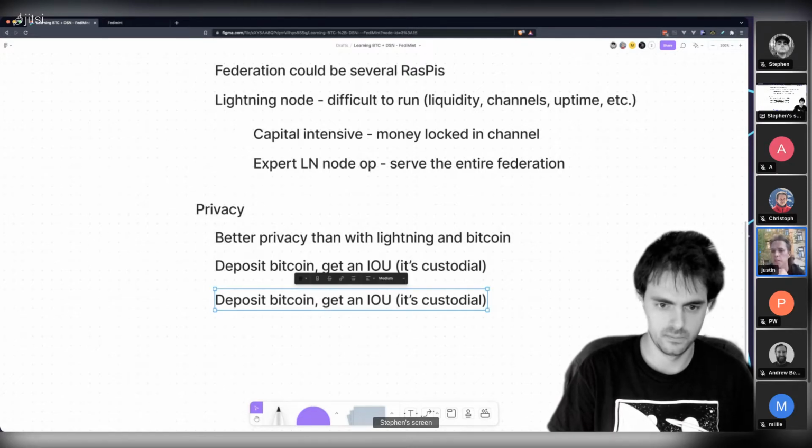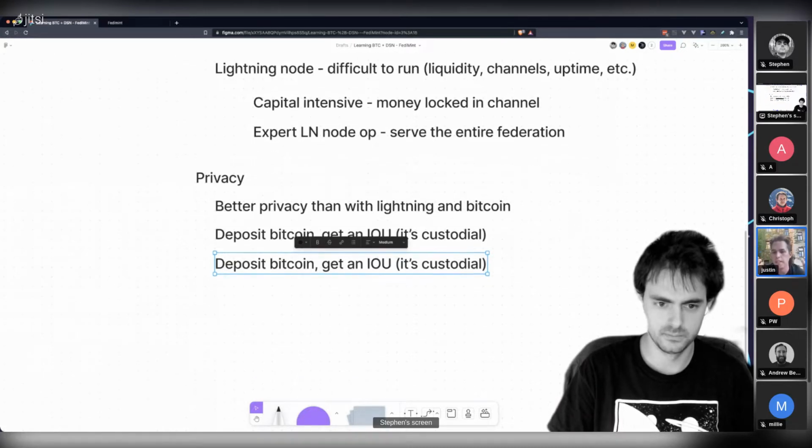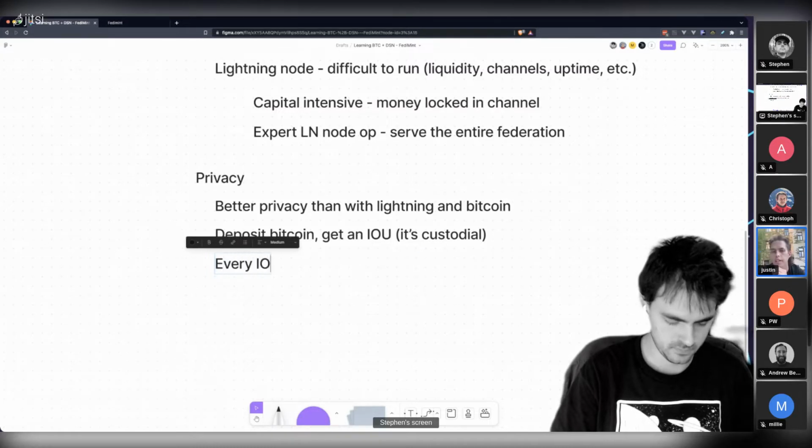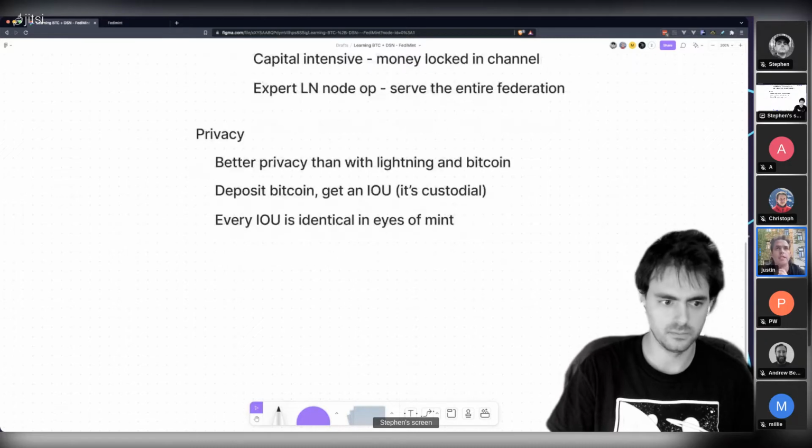When Steven goes to redeem that IOU, the mint can't tell if it was him or me. Every one of these IOUs looks exactly the same. That's where the privacy comes from. And this is why it has to be a custodial system, because it's IOU based.